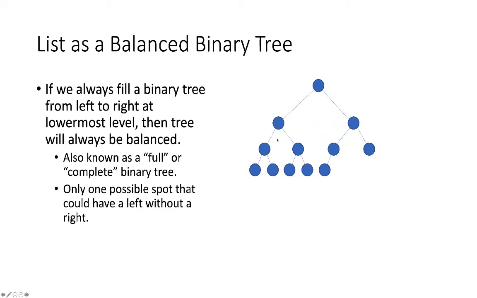So if this is our full or complete binary tree at some stage, then the next node we would want to add in order to remain full or complete would put the node here, right? So, marching along the bottom of our binary tree, adding leaves along the bottom for the next possible level.